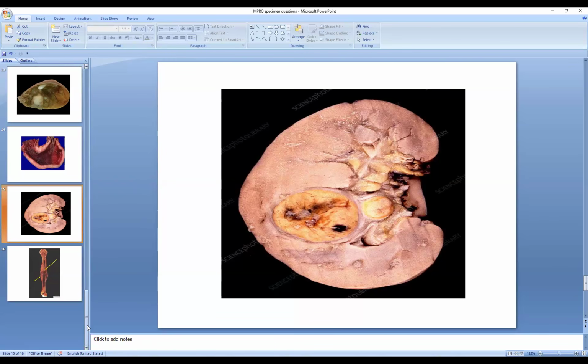Any role of radiotherapy? Sir, radiotherapy usually in a palliative setting. What are other treatment options available? Sir, we have targeted therapies and immunotherapy.